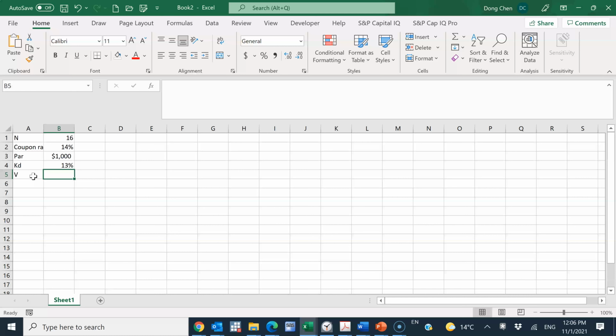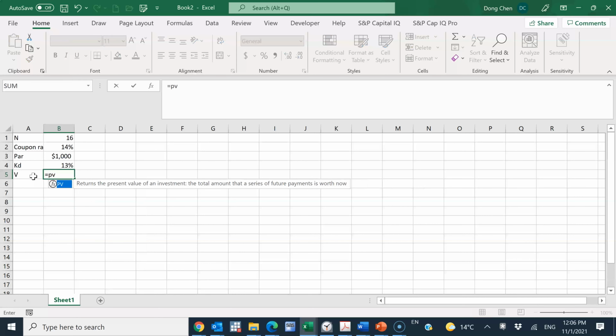So the value of the bond is simply the present value, equals PV in Excel, and open that. So the rate, as we said, is the discount rate. So that's the required rate of return. But here it's coded in annual terms, but we need this to be in semi-annual format. So we can divide this by 2.